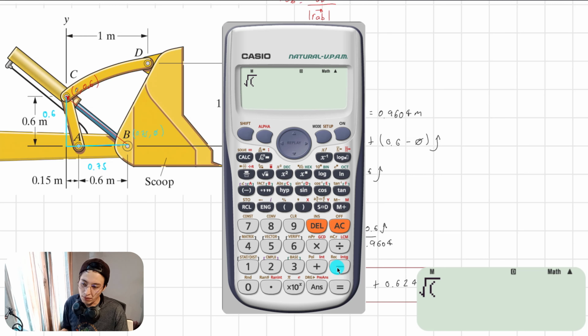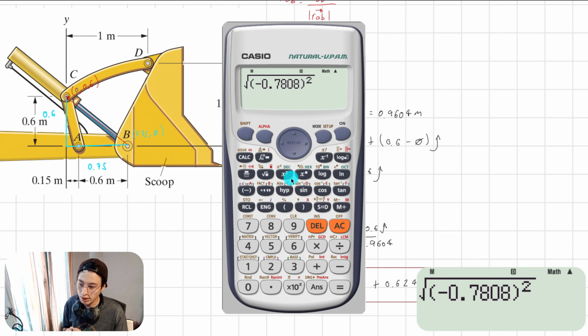For example, minus 0.7808. If I close this parenthesis and I take that number to the square power, I'm going to have minus 0.7808 times minus 0.7808, which is equal to a positive number.